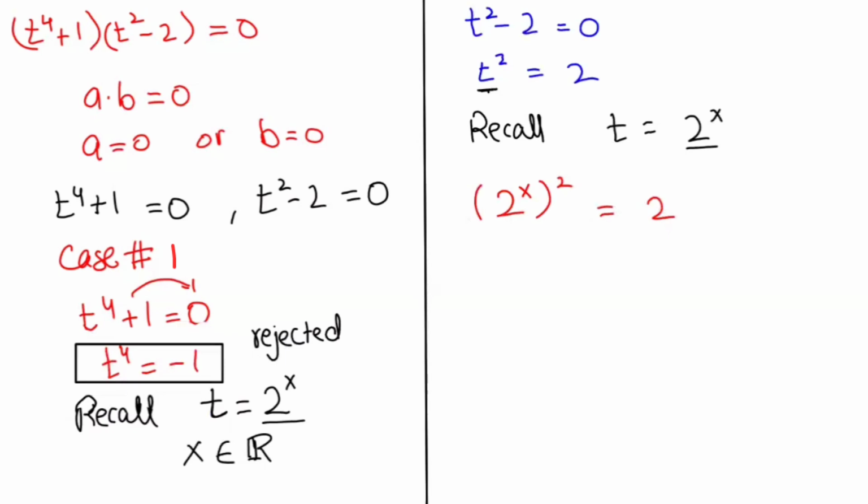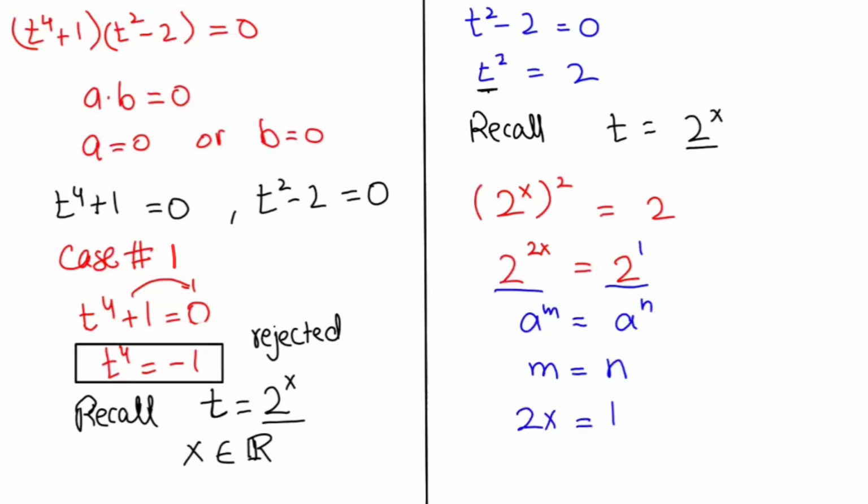Now I use the exponential rule and multiply the powers, so it turns to 2 to the power of 2x is equal to 2. Now I apply the exponential rule: a to the power of m is equal to a to the power of n, where m is equal to n. Here we have the one power, so 2x is equal to 1. Dividing both sides by 2, this and this get cancelled, so the value of x is equal to 1 over 2.